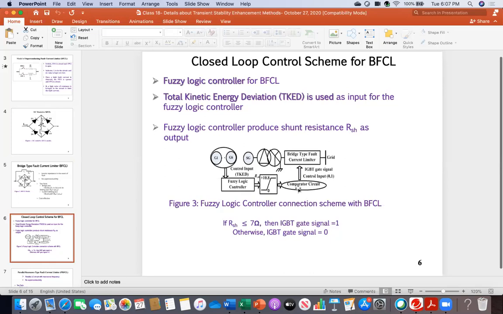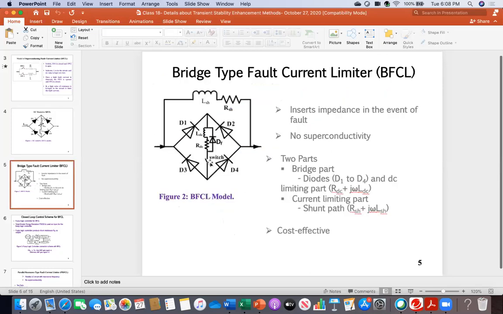Now here the example is IGBT, insulated gate bipolar transistor, but it could even be GTO, gate turn-off thyristor. So for your understanding at this point, assume that this is a power electronics based switch. During normal condition, the switch is on, and during fault condition, with the help of the controller, it will open so that the fault current goes through that shunt path.